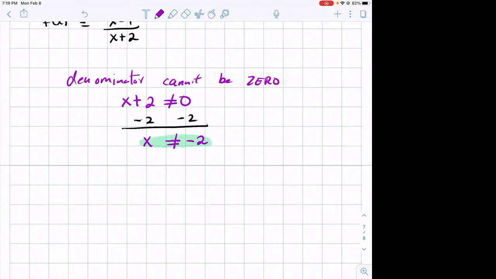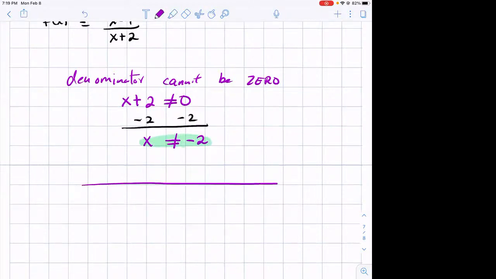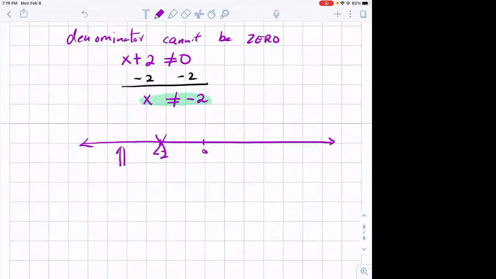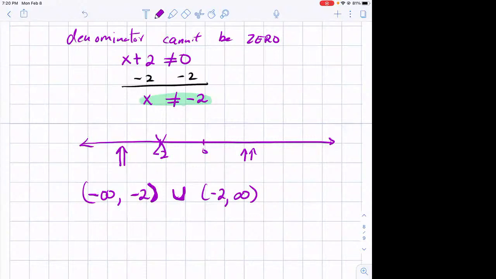So if we look at the number line, and we take out negative 2, what's left on that line? Well, on this side here, we will have from negative infinity to negative 2, with a parenthesis, since negative 2 is not included. And on this side here, we will have from negative 2 to positive infinity. By unioning them, that brings it together, which we've also seen when we solved inequalities.